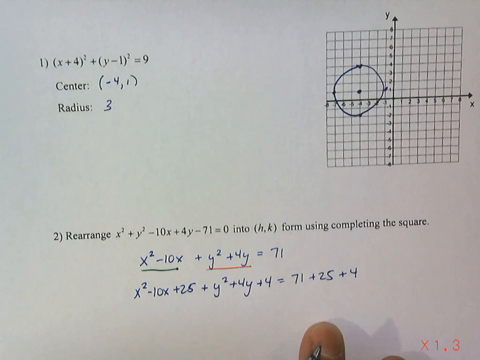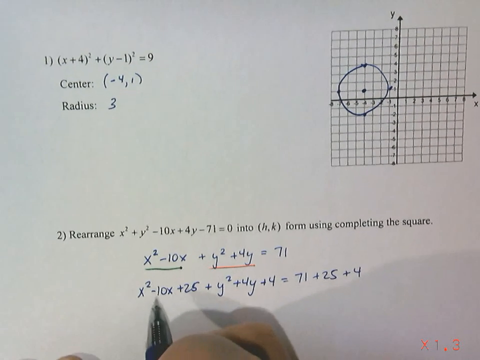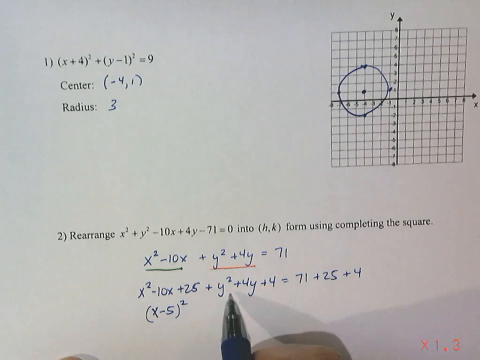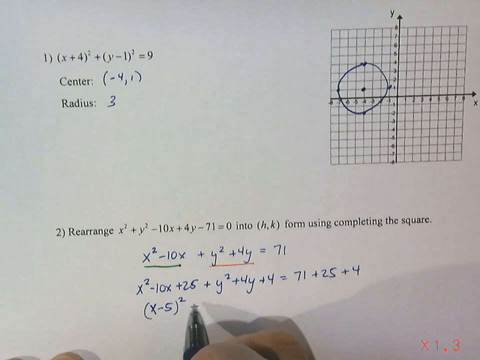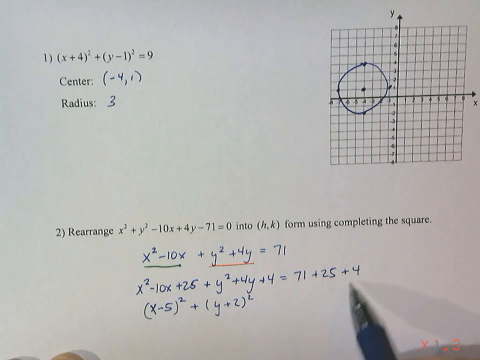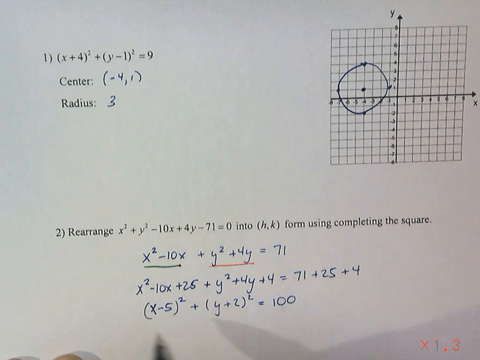Now I can factor the left-hand side. If I factor this perfect square trinomial, I come up with (x minus 5) squared. If I factor this perfect square trinomial, I get plus (y plus 2) squared. And if I add all these numbers together, I get 100.